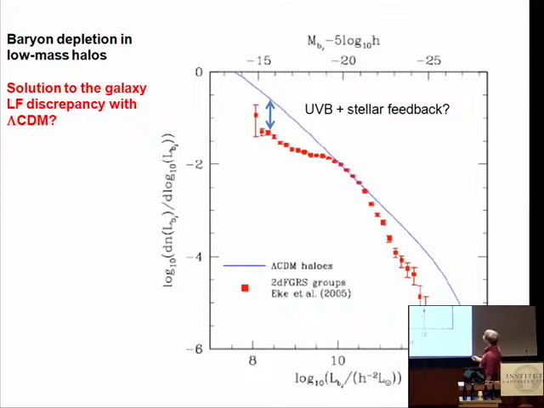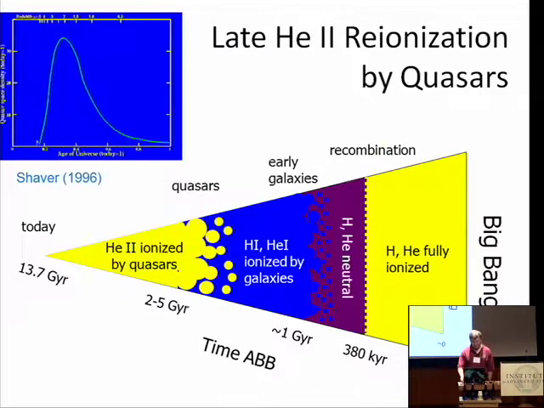And it's generally believed that this is due to depletion of baryons or suppression of star formation by the ultraviolet background and stellar feedback blowing baryons out. So is the solution to this missing galaxy problem, if you will, baryonic and radiation physics? Many people think so.